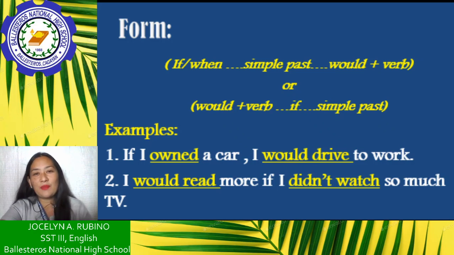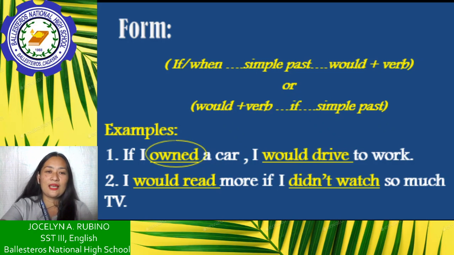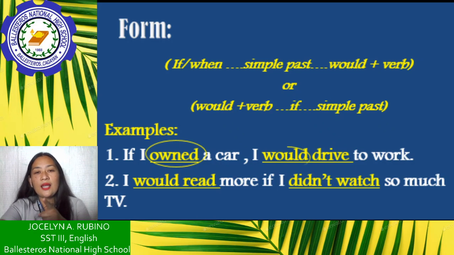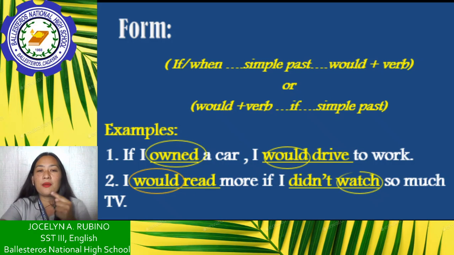So, it did not happen because you watch TV. Okay? So you notice the if, then the simple past, owned, followed by would plus the base form of the verb. In number two, we write first the would, and then the base form of the verb, and then the simple past tense in the next part of the sentence. Okay?